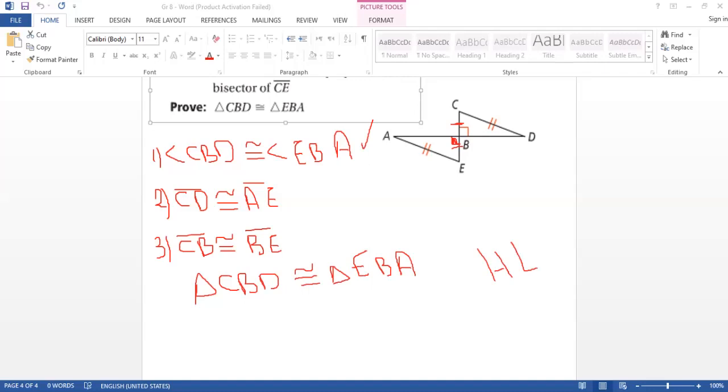CD is hypotenuse, AE is hypotenuse. CD is hypotenuse opposite to the right angle. AE is also hypotenuse. We have hypotenuse congruent to hypotenuse, and one leg is congruent to the other leg, so the two triangles are congruent.